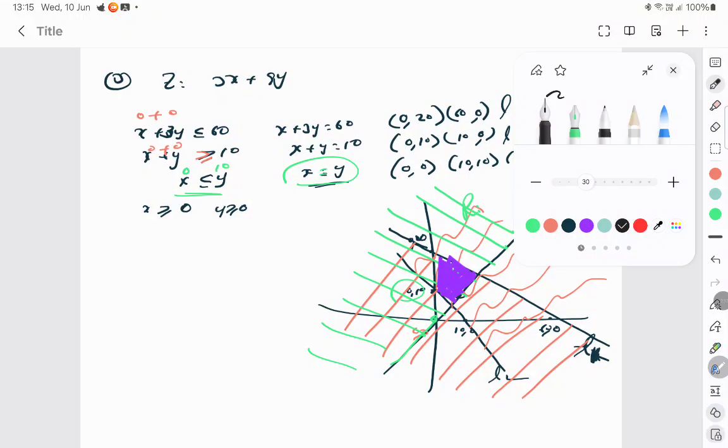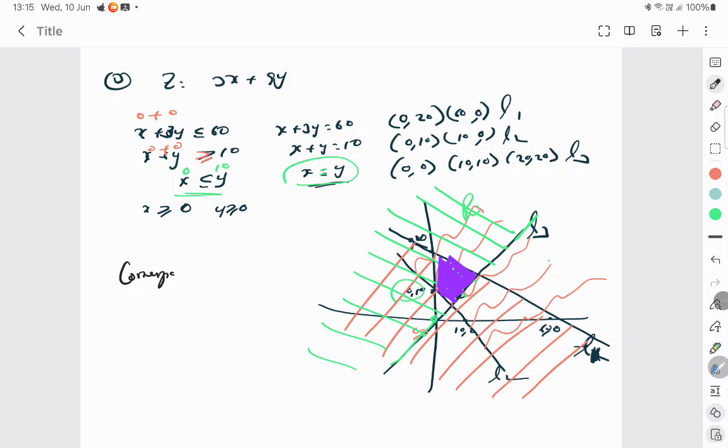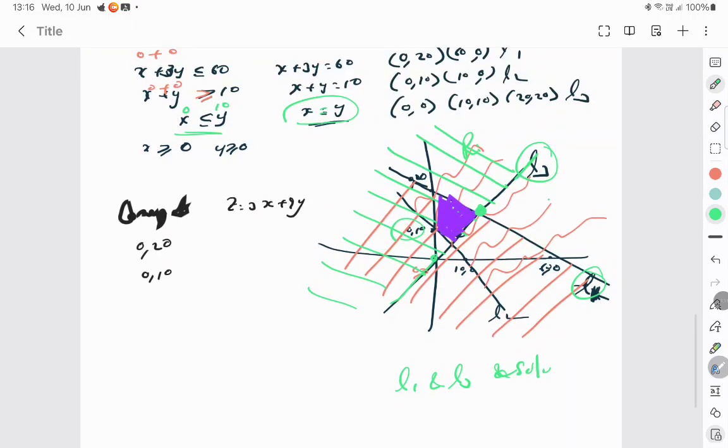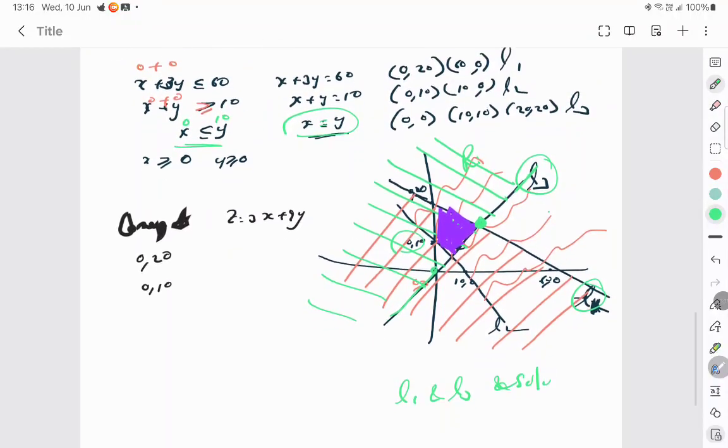Some we already know: 0, 20 and 0, 10 are corner points. You're going to put them in the objective function. But you also need the corner point from solving line 1 and line 3. Take line 1 and line 3 and solve, and you get this corner point.